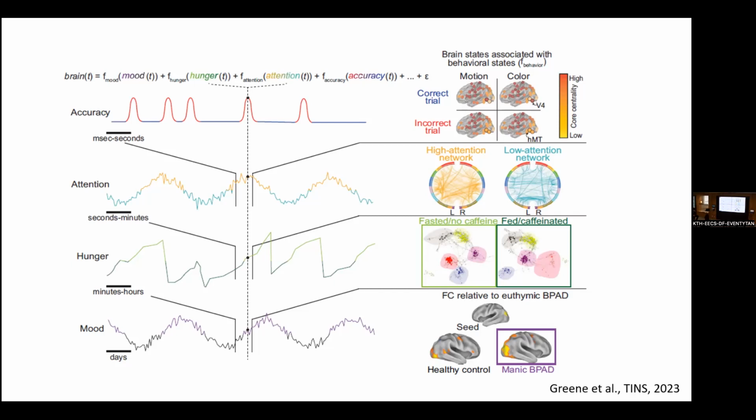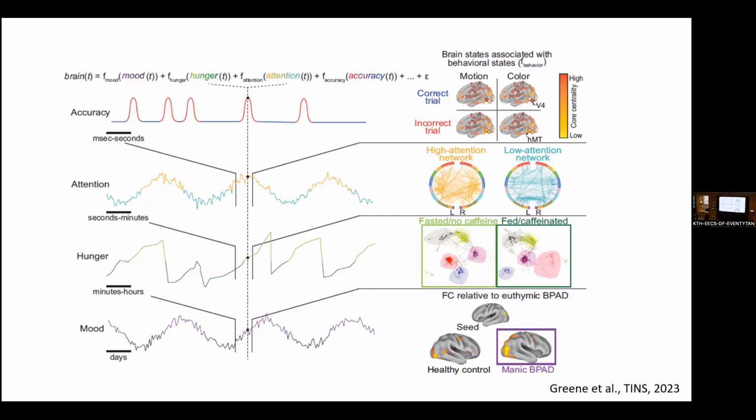And then on top of that, you can have even slower processes that might be regarded as different brain states. You can say, let's say, hunger, which plays out over minutes and hours, that also might introduce different brain states. In this case, you see here as an example a network analysis of caffeinated and not caffeinated state of mind.